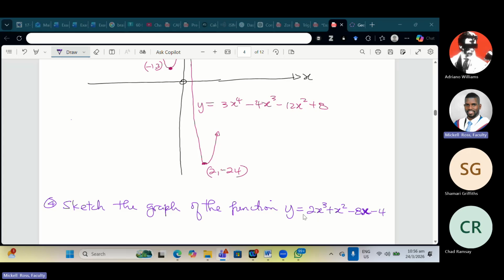All right, so number 4, you are going to do this one right now. I'll give you about 10 minutes to work on it. So go ahead with this one, please.